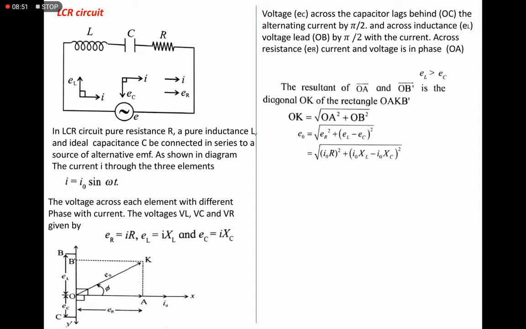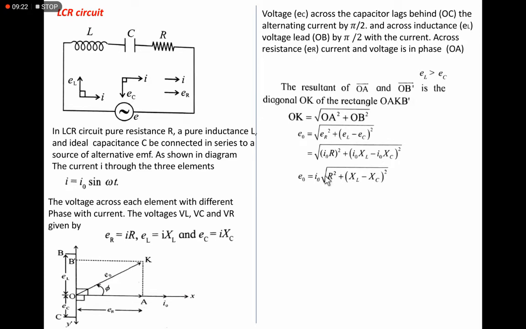But definitely in simple AC circuits we studied that in inductance the EMF is leading by pi by 2 with respect to current, and in capacitance the EMF is lagging by pi by 2 with respect to current. By using this we will explain how the current is related in this circuit, that is the LCR circuit.